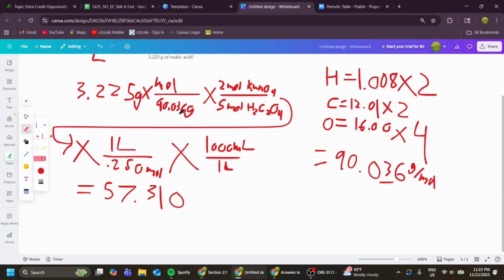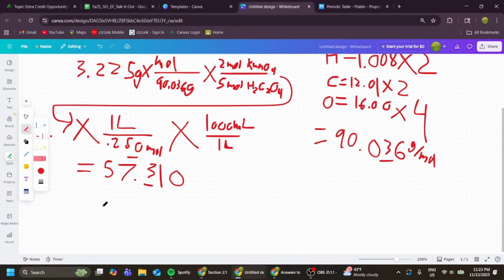57.310. Okay, if we look at significant figures, that's 4, 2, 3, 4, 4. Okay, right here, 3.